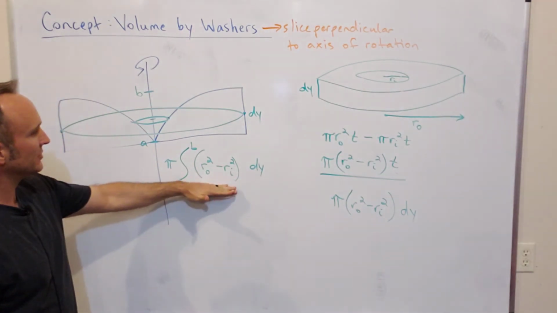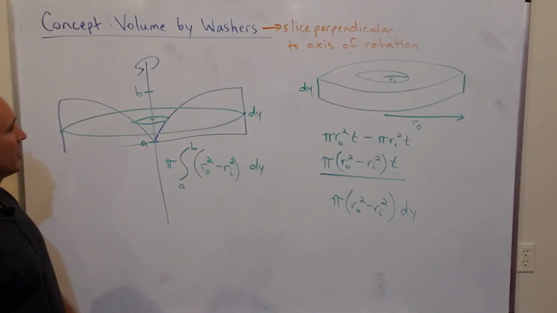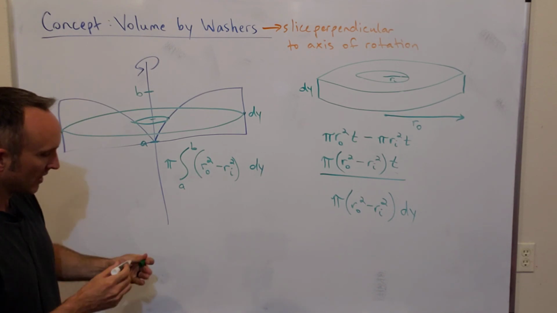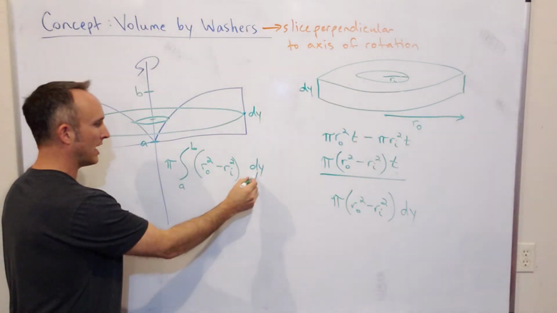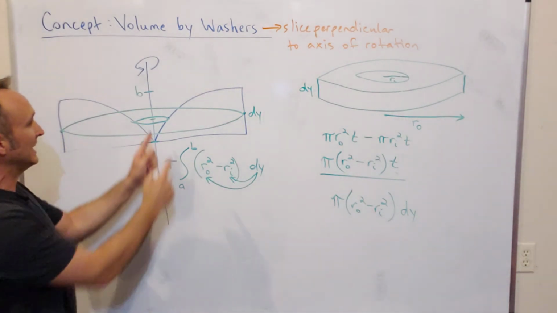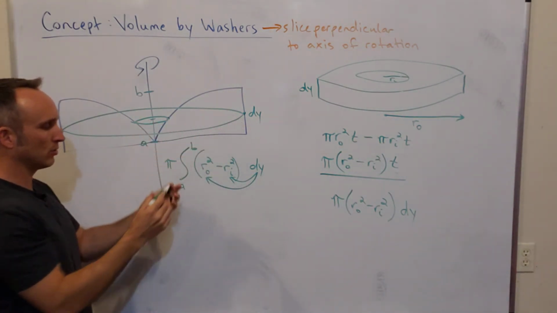And that integral is going to give you the volume of the solid that you get when you rotate around this axis of rotation. Again, because this is dy, you would have to make sure to express both of your radii in terms of y, even though they are x measurements because they're horizontal.